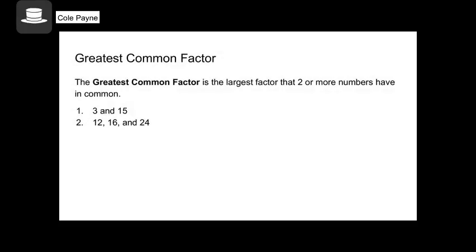Now, my process for finding the greatest common factor. The greatest common factor is the largest factor that 2 or more numbers have in common. So for number 1 with 3 and 15, I could write 3 as 1 times 3, but that's the only way I could break down 3.